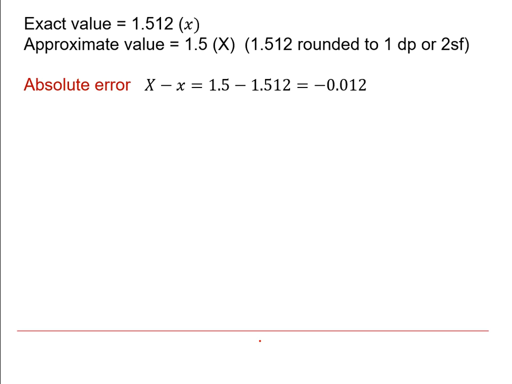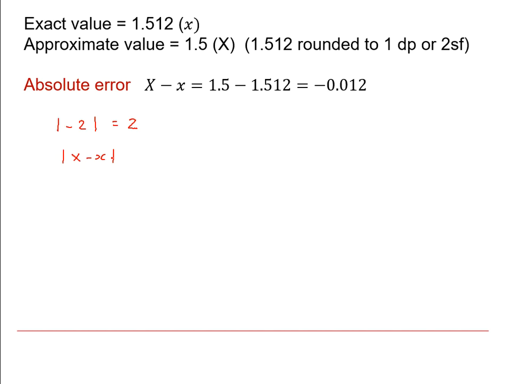But it used to be the case until fairly recently that absolute error meant the application of the moduli signs. So you would talk about the absolute value of minus 2 being 2, and until recently you would refer to that as being the absolute error.